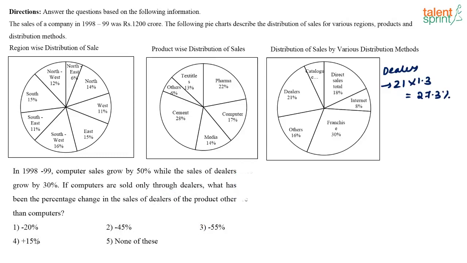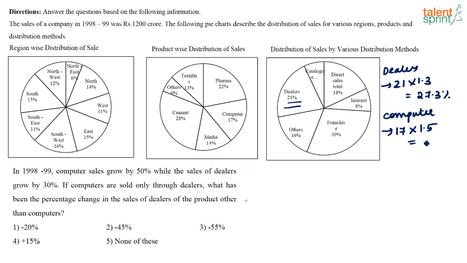Okay, see, the first method I explained so that the concept is clear to you. Now I will teach you how to solve it in an easier way. See, dealers were earlier 21%, now they have become 27.3%. Similarly, computer was earlier how much? It was 17%, now it has become 17 into 1.5, or increased by 50%.